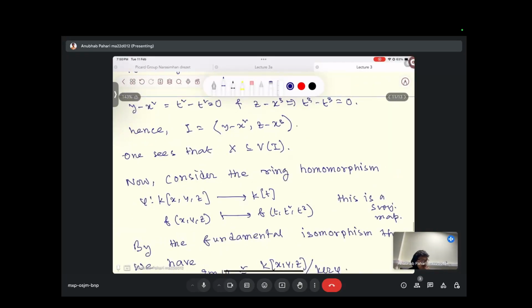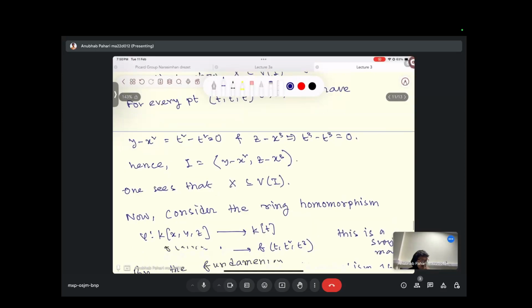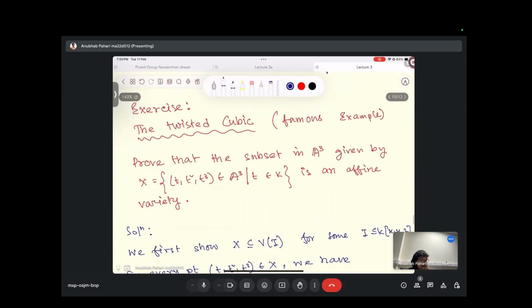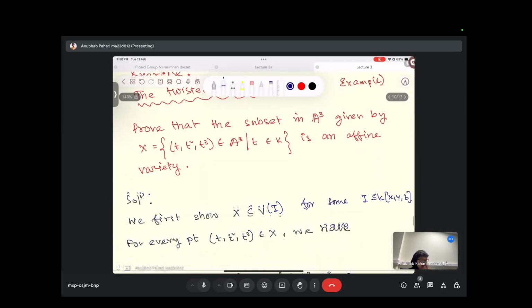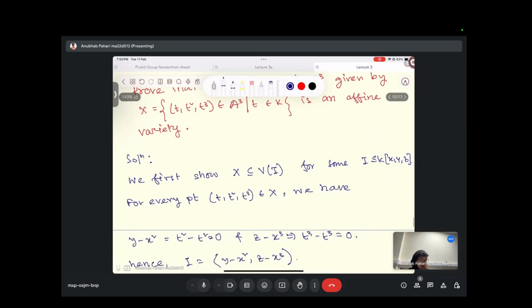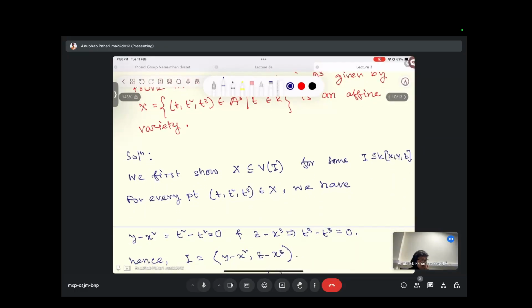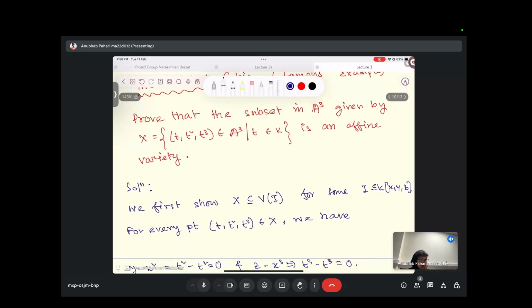So what we have done is to prove that X is an affine variety.